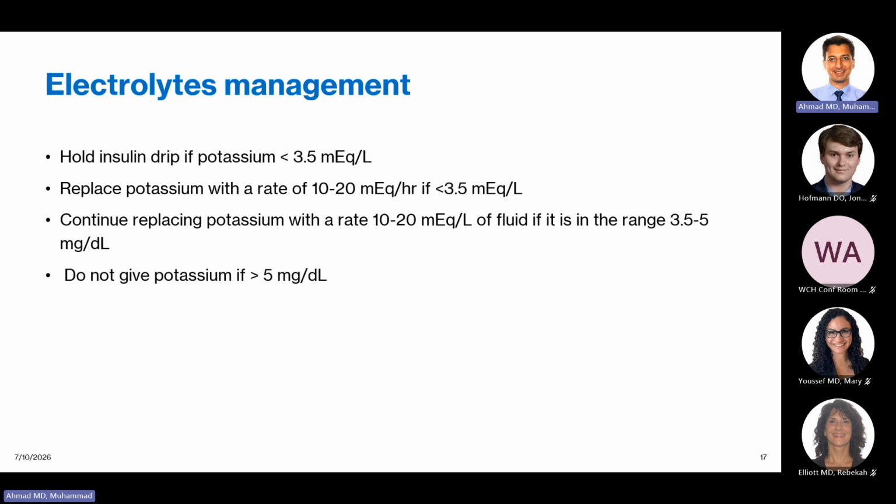hyperkalemic. In acidosis the potassium is high, and in alkalosis, the potassium is low, right, in metabolic alkalosis. As Dr. Chris was saying, when the acidosis resolves with DKA, the body no longer has to do this. So you have less of an incidence of becoming hypokalemic.